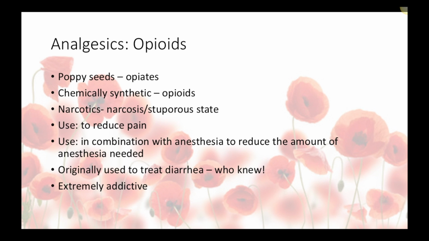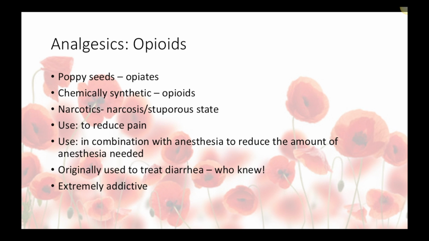They are narcotics, so not all narcotics are opioids, but all opioids are narcotics. And narcotics refers to a broad class of drugs that create this narcosis or this stuporous state. The use of these drugs is to reduce pain. That's what they should be used for. We often use them in combination with anesthesia to reduce the amount of anesthetic needed.